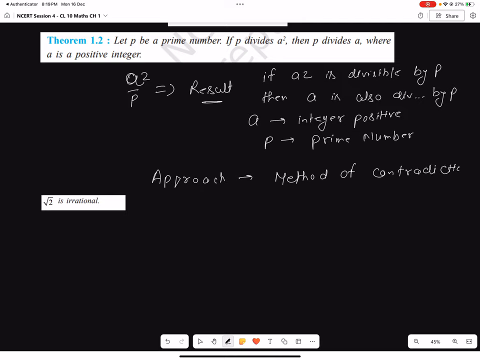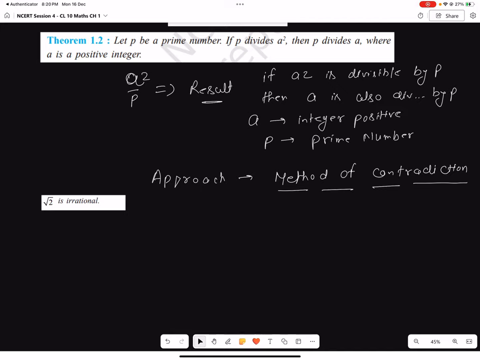So method of contradiction क्या होता है कि हम किसी चीज को assume करके चलते हैं कि this thing is of a certain type, but eventually our theory will be proven wrong, and in that approach we are saying that whatever we have assumed was wrong, so the contrary would be true, right?